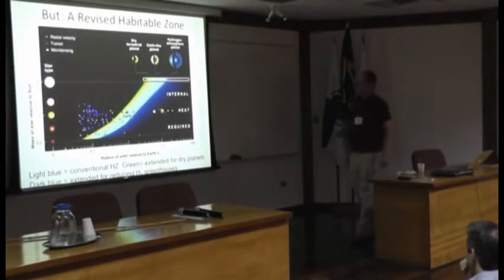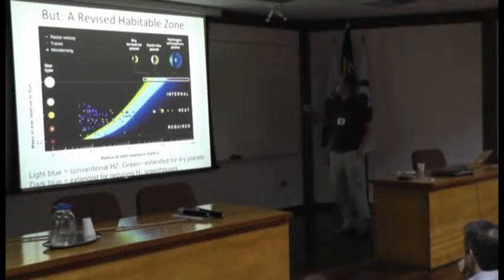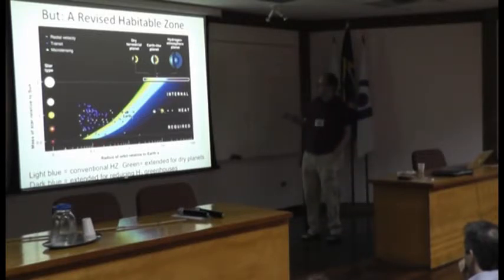But, as I said, the conventional habitable zone concept of inner edge, runaway greenhouse, outer edge, condensing carbon dioxide, may be too conservative. So this is from Sarah Seeger's paper in Science last year. And let's see, the light blue is the conventional habitable zone.